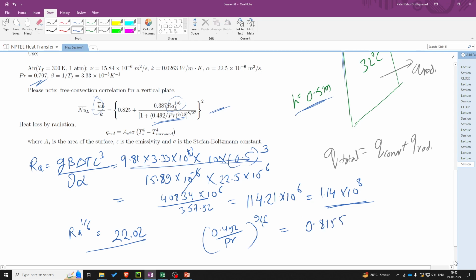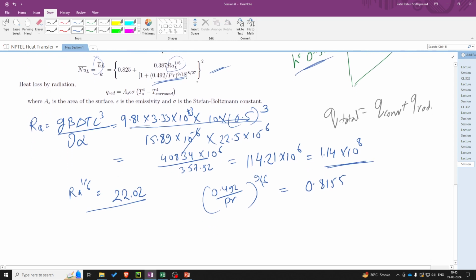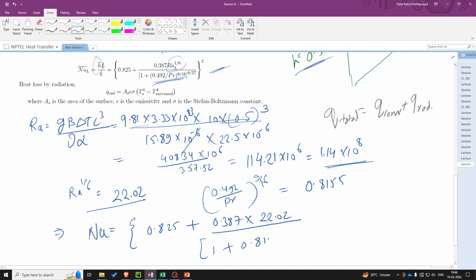0.8155. Now we can replace these powers in these equations, so that will give us Nusselt's number equal to 0.825 plus 0.387 into Rayleigh number term 22.02 upon 1 plus 0.8155 raised to 8 by 27, whole square.